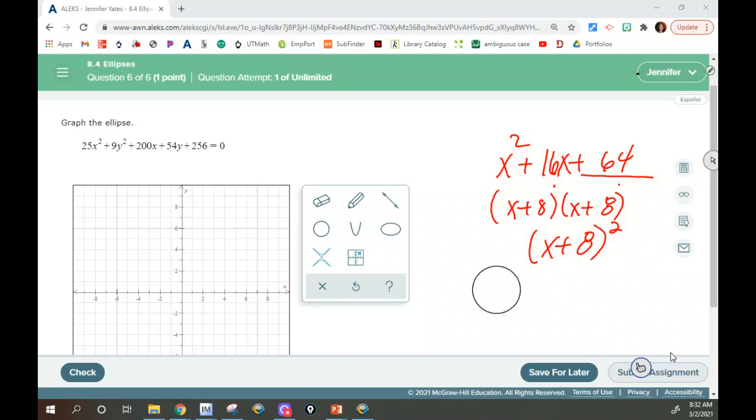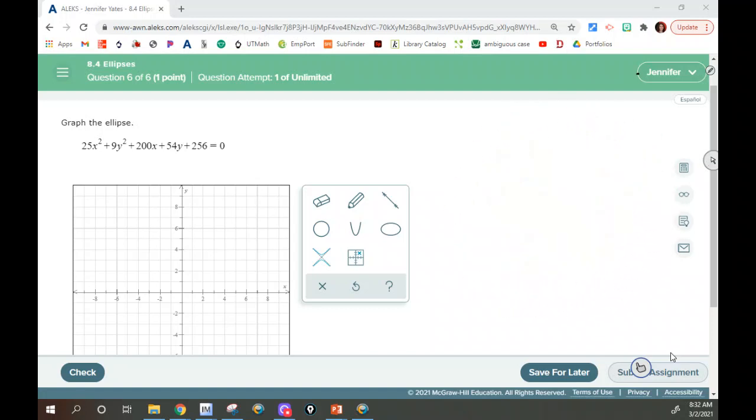All right, let me write this equation a little larger. I've got 25x squared plus 9y squared plus 200x, oh my goodness, plus 54y plus 256, and that equals 0. That doesn't look like an ellipse equation at all, does it?